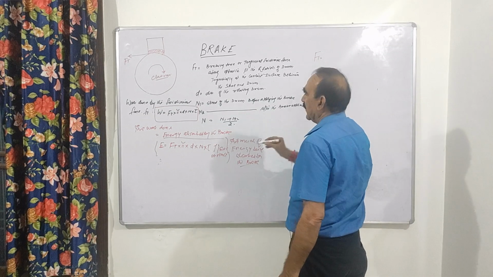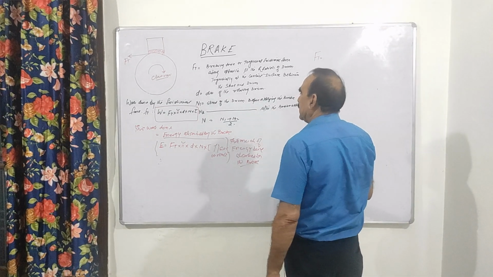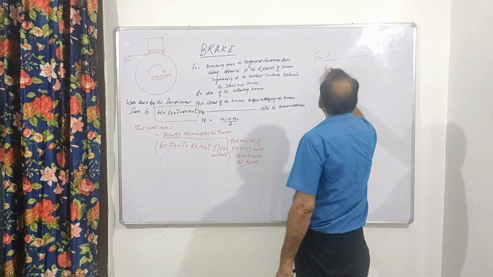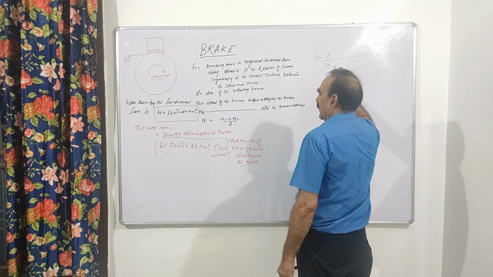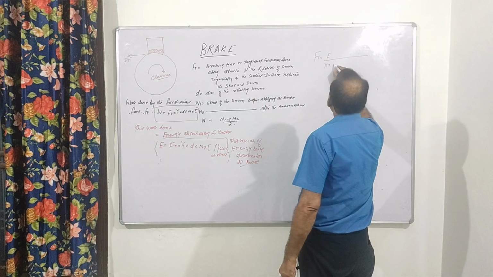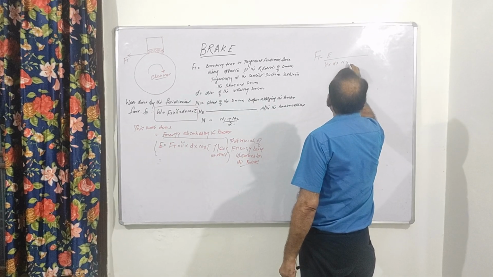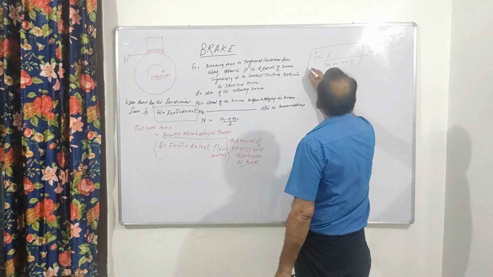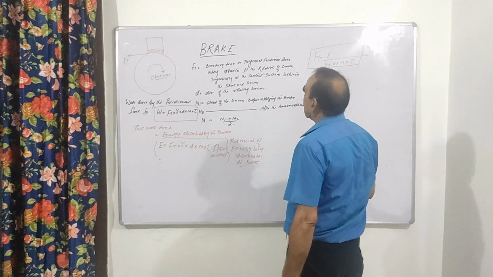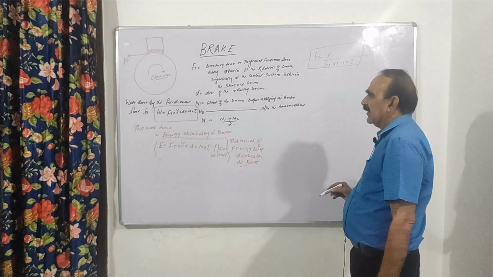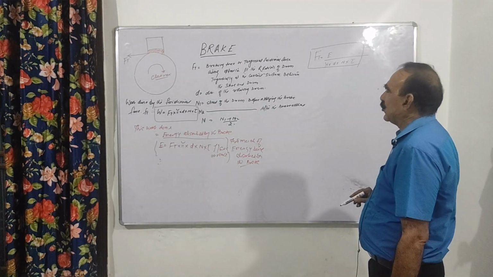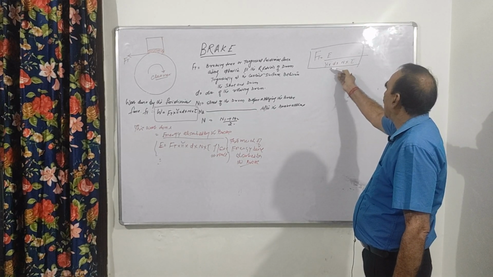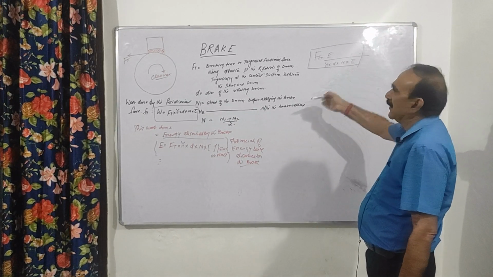Ft is equal to E upon π × D × N × T. So this is the value of the frictional force or the braking force in terms of energy, right? Ft = E / (π × D × N × T).